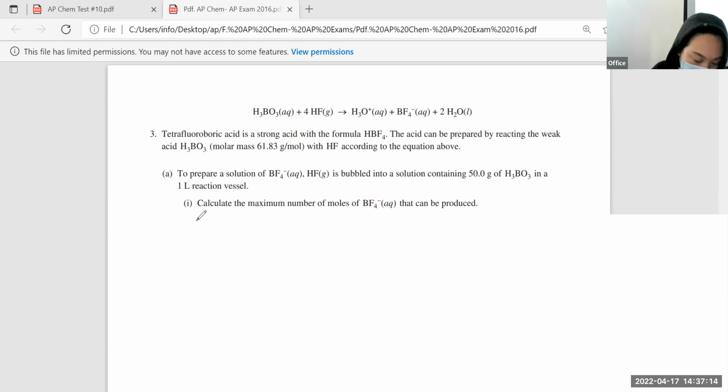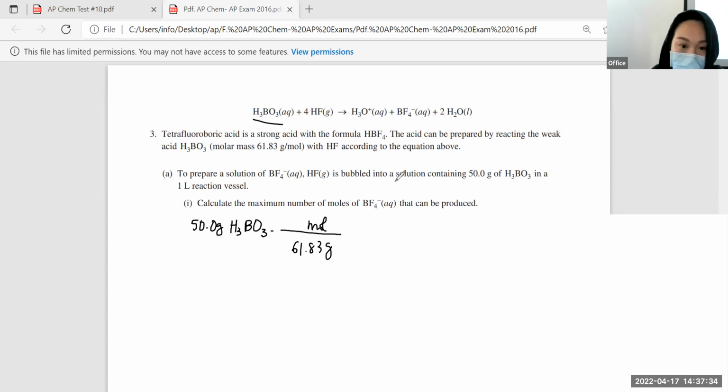Okay, so I have 50.0 grams H3BO3. Right, so convert to moles. This is just basic stoichiometry. 61.83 grams per mole is given to us, the molar mass.